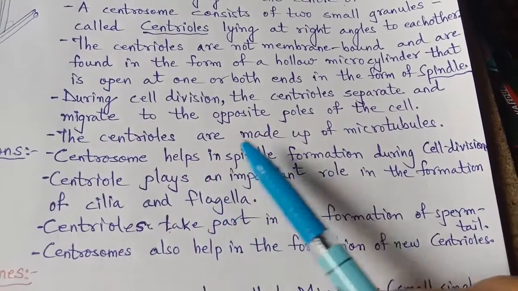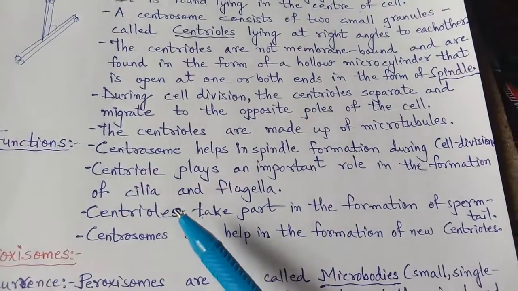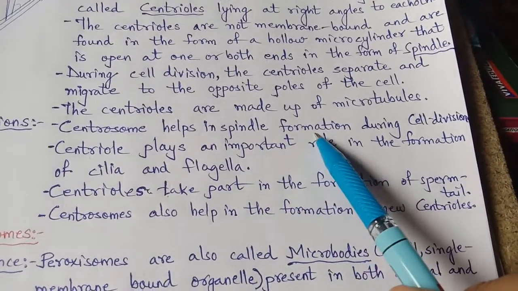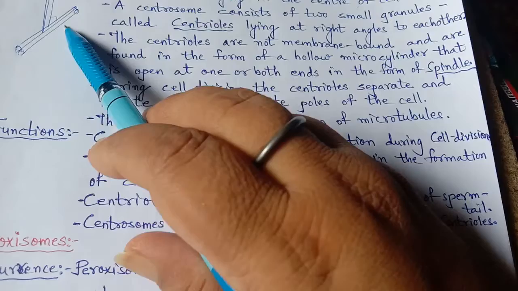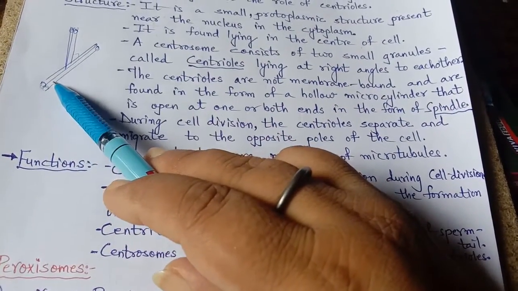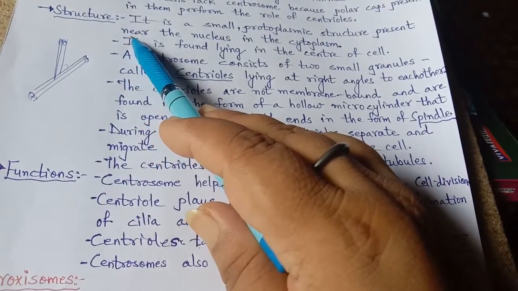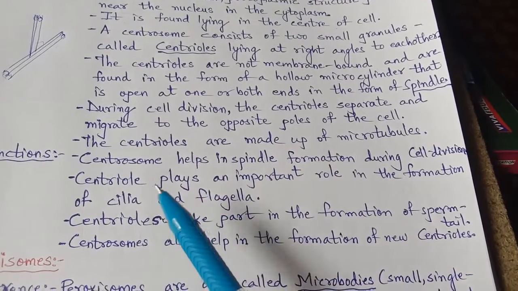The centrioles are made up of microtubules, very small tubes. What are the functions? Centrosome helps in spindle formation during cell division. During cell division, they will first form a spindle like this group, and then they will separate towards the two different poles, top pole and bottom pole, during the cell division.